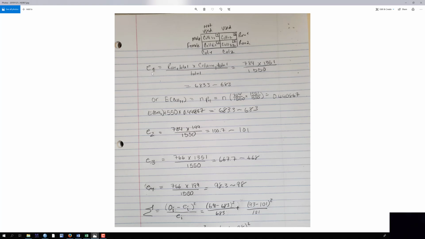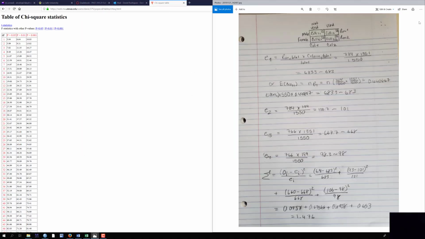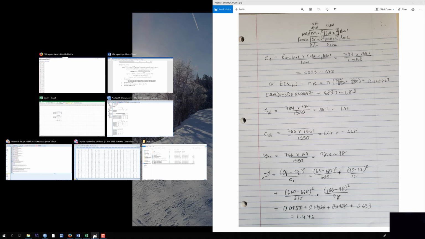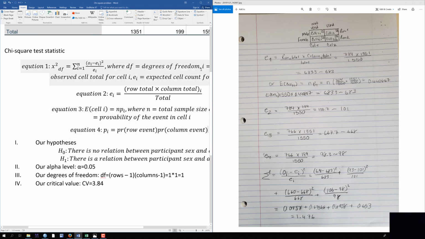So let's calculate the expected value of cell 1. It's the row total times the column total.